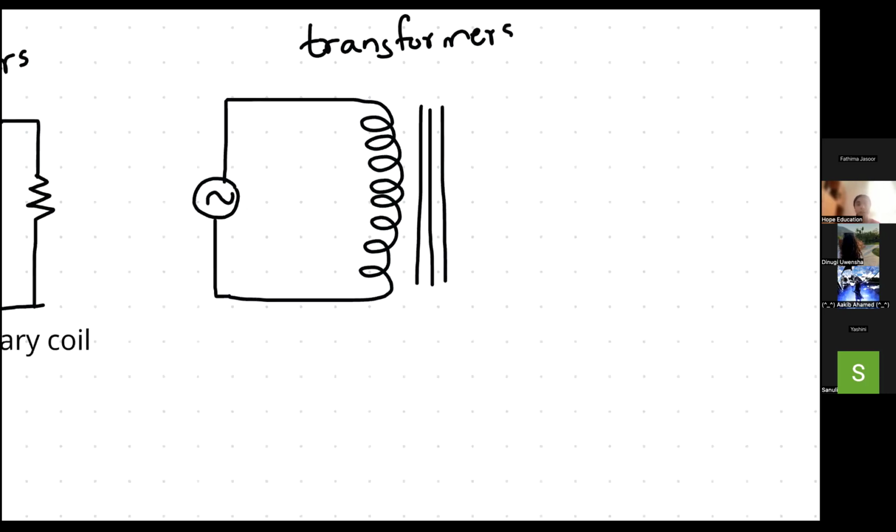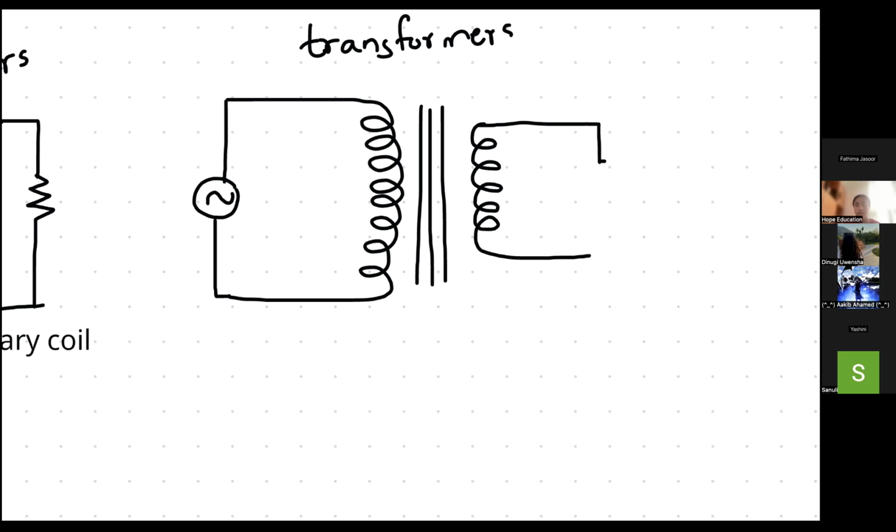Then this is the primary coil. And this is connected to a certain resistor.